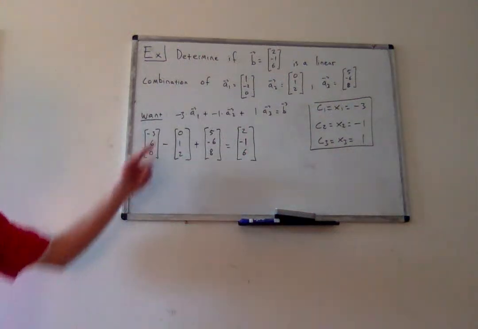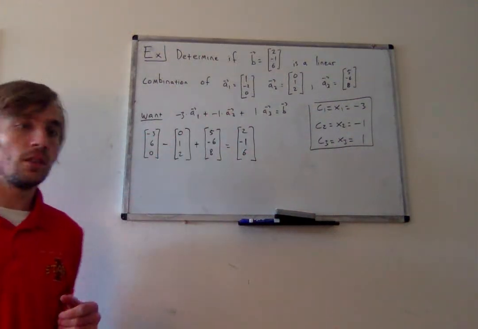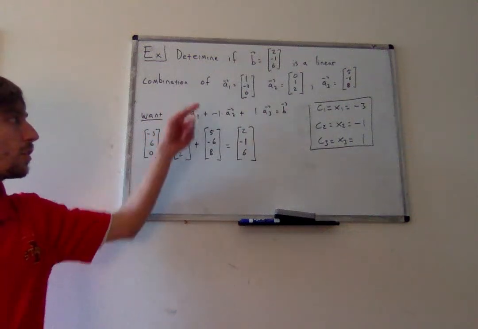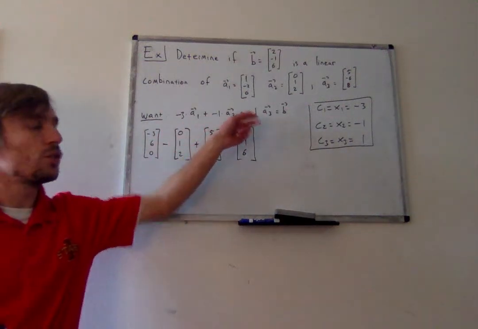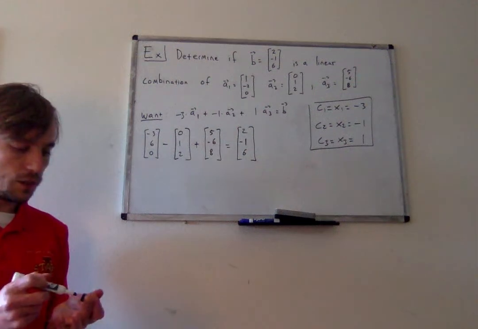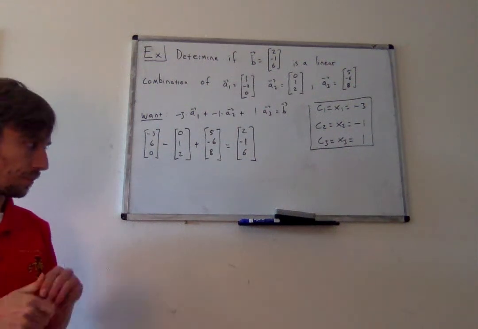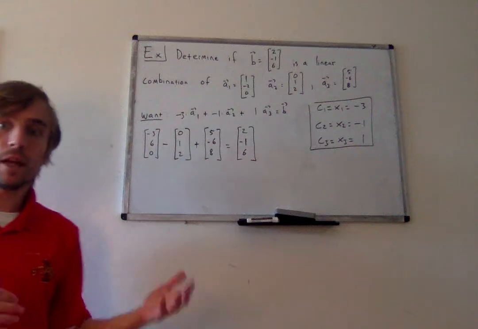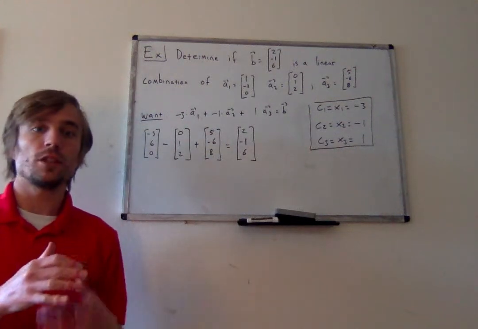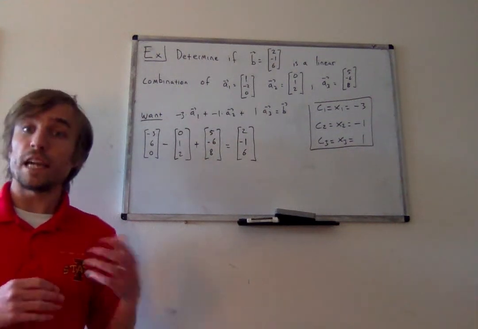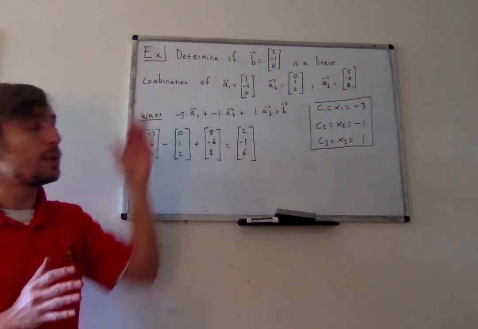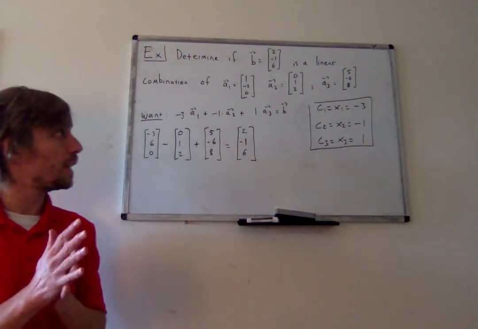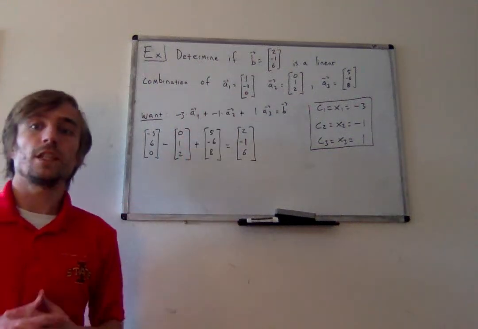And so sure enough, using this set of weights, I can write B as a linear combination of A1, A2, and A3. To summarize, had the corresponding linear system and augmented matrix that I row reduced given me no solution, that would imply that B could not be written as a linear combination of these three vectors.